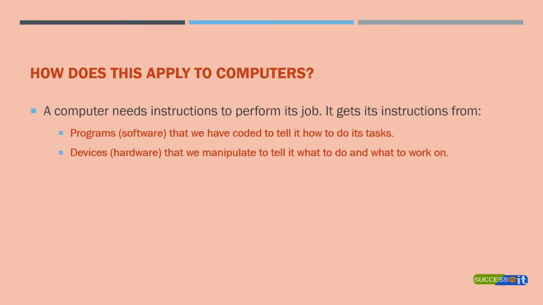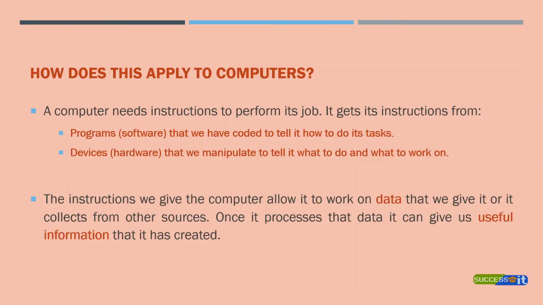And from devices, or what we call hardware, that we manipulate to tell it what to do and what to work on. The instructions that we give the computer allow it to work on data that we give it or it collects from other sources. Once it processes that data, it can give us useful information that it has created from the processing.